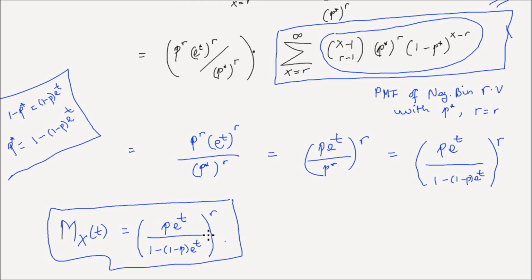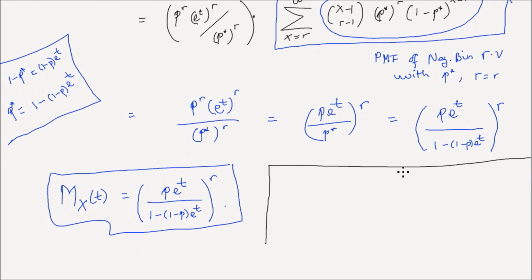That is the MGF of a negative binomial random variable. There is similarity between a negative binomial random variable MGF and a geometric random variable MGF.